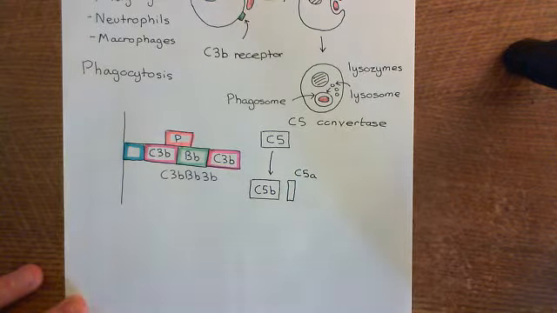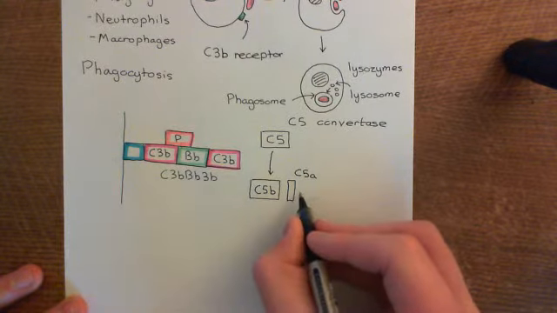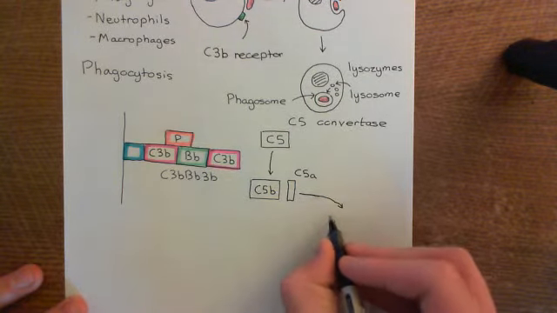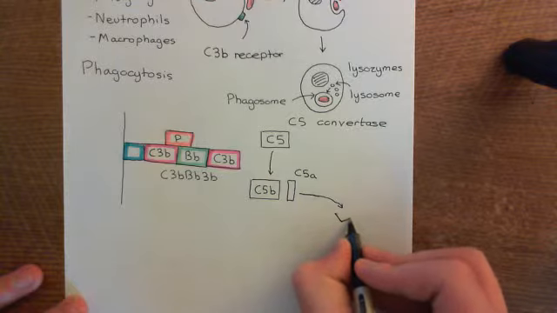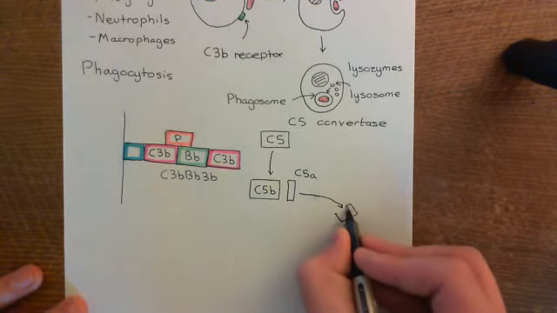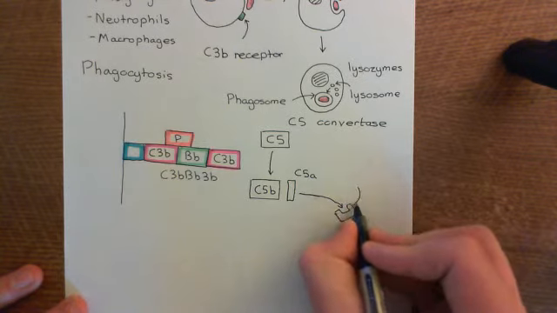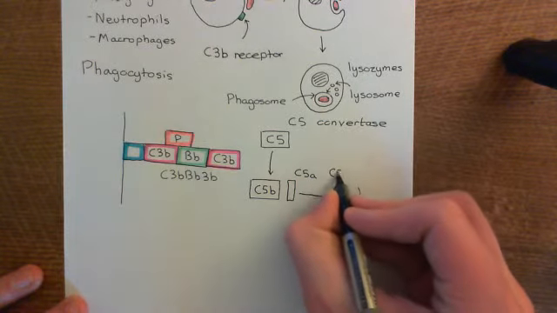Now C5a, we'll start with this one because it's simpler, is another anaphylatoxin. So on the mast cells you also have a receptor for C5a, drawn here, which is a C5a receptor.